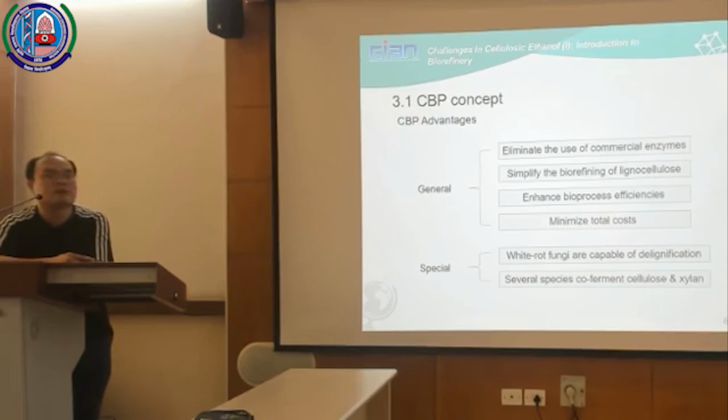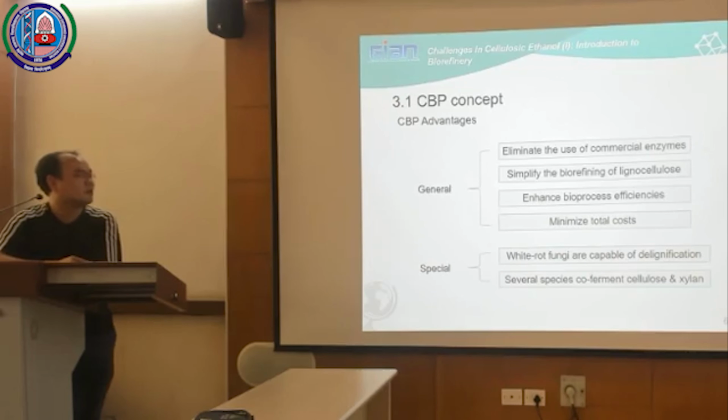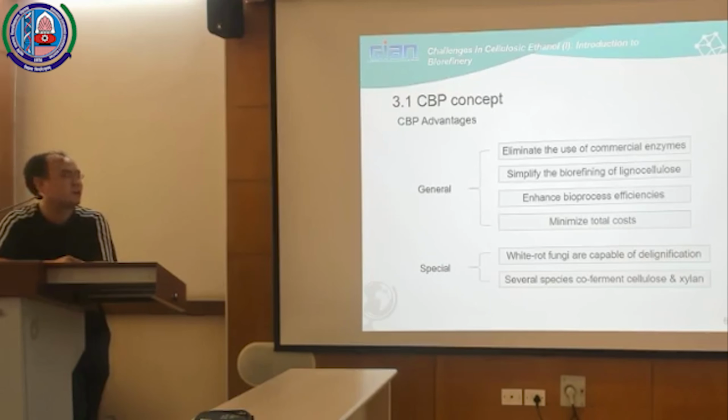But the total demand for commercial enzymes is significantly decreased. Another advantage is this process simplifies the biorefining of lignocellulose. It saves the investment in facilities. This process also enhances the bioprocess efficiency.